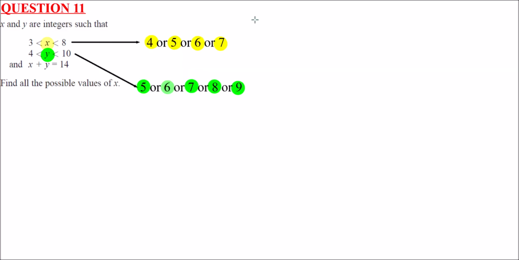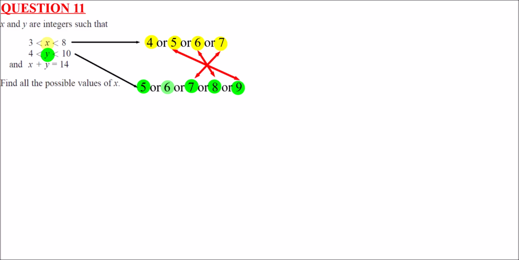So if these two need to add up to a total of 14, we can consider now what pairs we could have. The 7 here for the x could pair with that 7, so x could be 7, that's allowed. 6 plus 8 would have worked, and also 5 add 9 would have given 14 as well. That 4 though, I can't add 4 to any of these numbers in green and generate the required answer of 14.